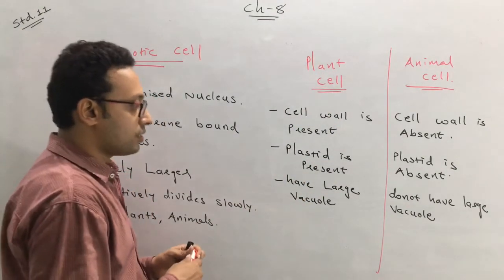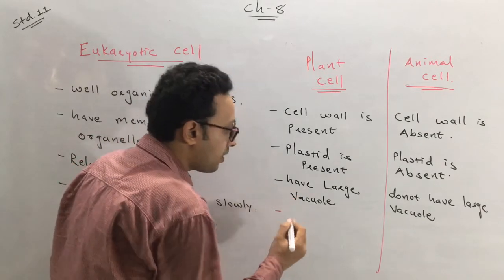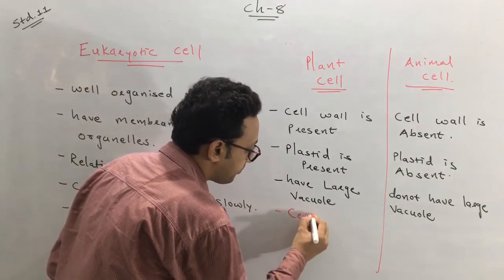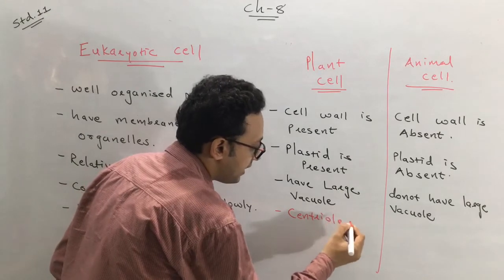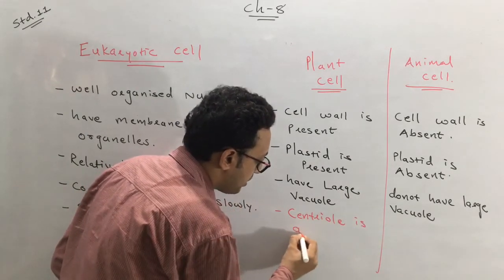Now another difference between the plant and the animal cell: in a plant cell, centriole is absent.